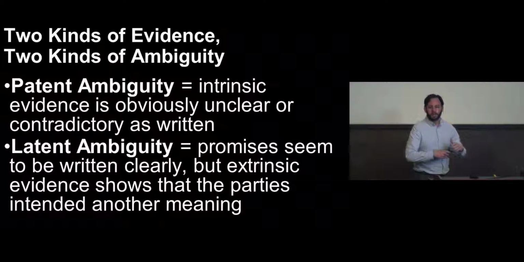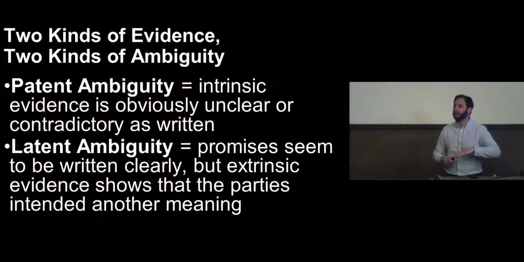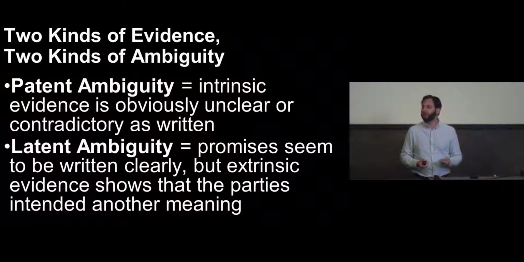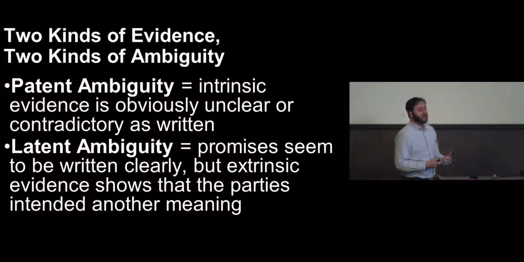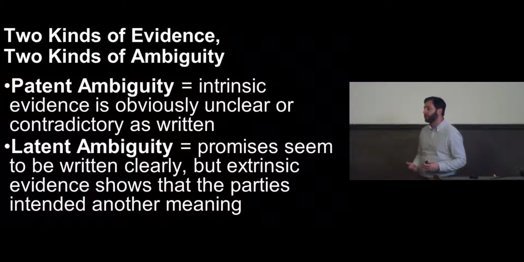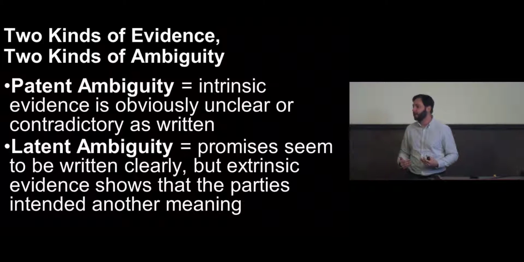Again, we also can look at this dividing line of intrinsic and extrinsic in terms of how we determine if a contract is ambiguous. If we can read the intrinsic evidence and it is contradictory, it doesn't make sense on its face, we call that a patent ambiguity. A patent ambiguity is when the contract is not clear on its face, where the intrinsic evidence is not clear, as opposed to a latent ambiguity.